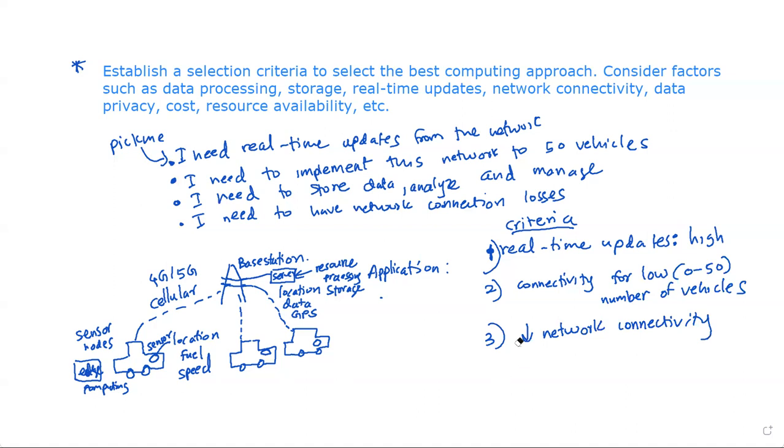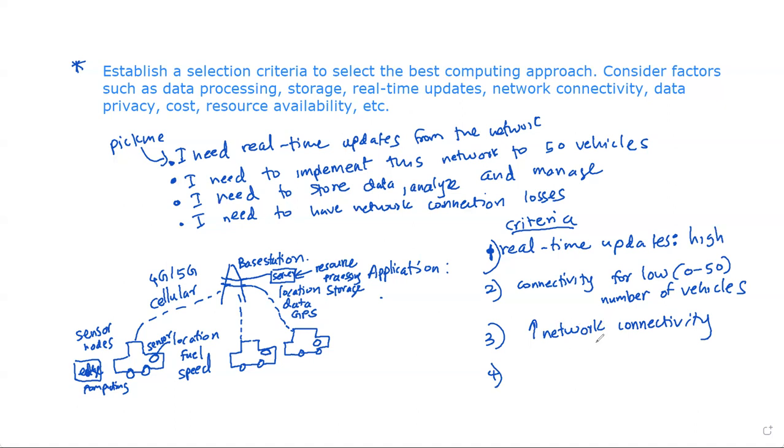So if we want high network connectivity, then we need to ensure that the connection from our access point to the end device or the end destination is very secure. So for our application, we will say that we need good connectivity with the place where we are storing the data.